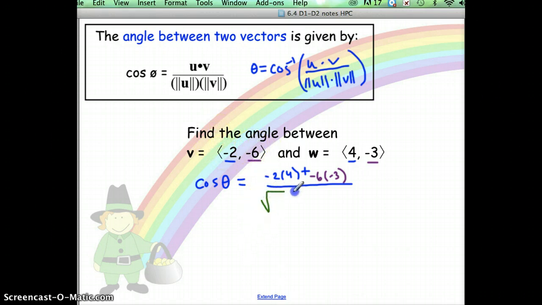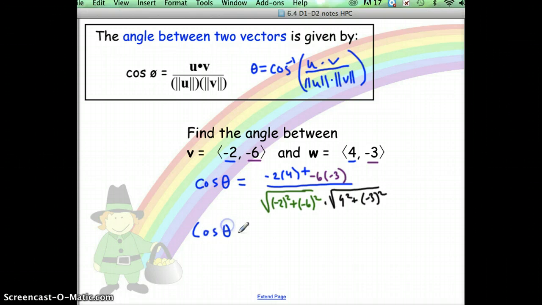The magnitude is when you take the square root of the x component squared plus the y component squared. That would be the magnitude of v. Now we need to do the magnitude of w. So I would take the x component, square it, and the y component, square it.